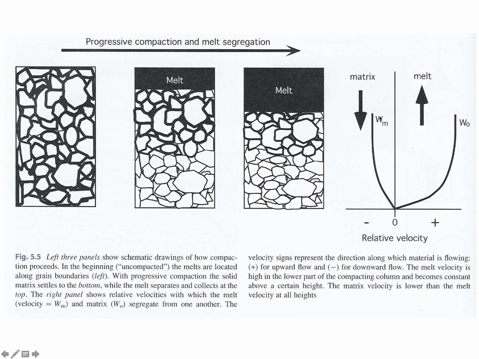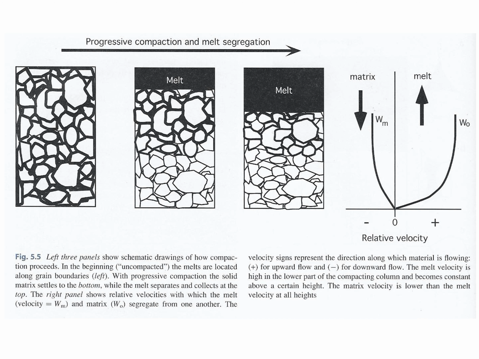And that is the velocity of the melt compared to the matrix, because the matrix goes down and becomes solidified, and the melt rises up. Here we have the relative velocities. The velocity signs represent the direction along which material is flowing.